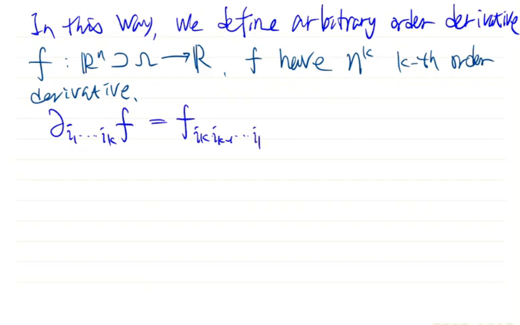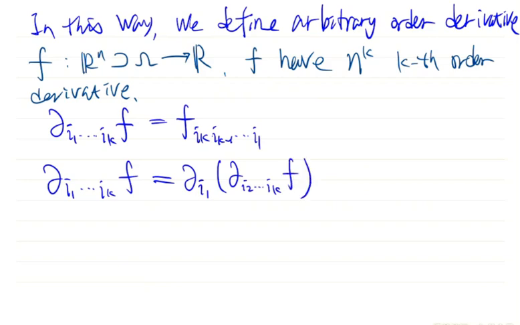That is, d i1 ... ik f is the partial derivative with respect to i1 of the partial derivative function of order k minus 1, i2 ... ik. This is the D notation.